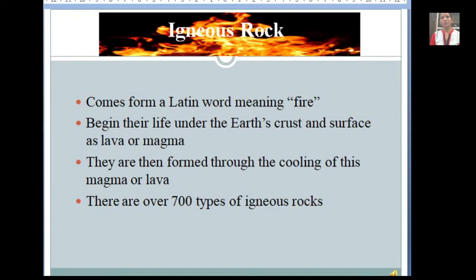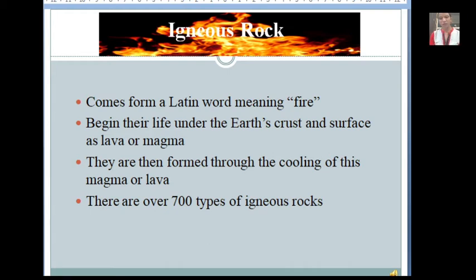These types of rocks are called primary rocks because during the primary origin of the earth's surface, these rocks became the basis for all types of lithosphere.